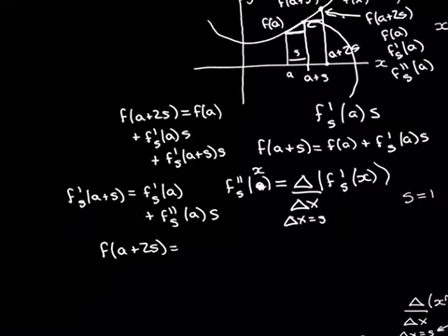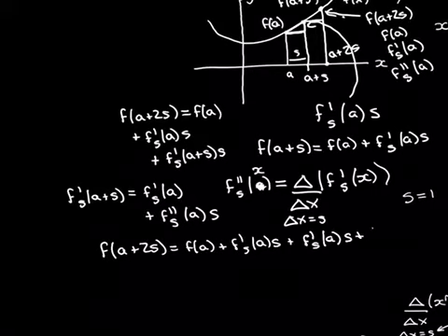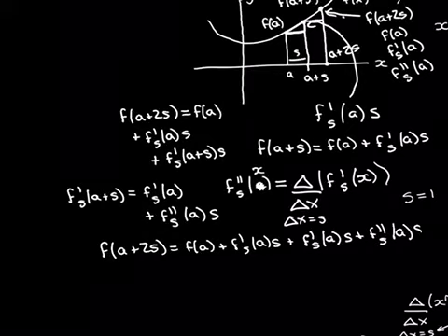So this is going to be equal to f evaluated at a plus f prime evaluated at a times s plus, and then we'll fill this in, so we'll get f prime evaluated at a times s plus f double prime evaluated at a times s squared.